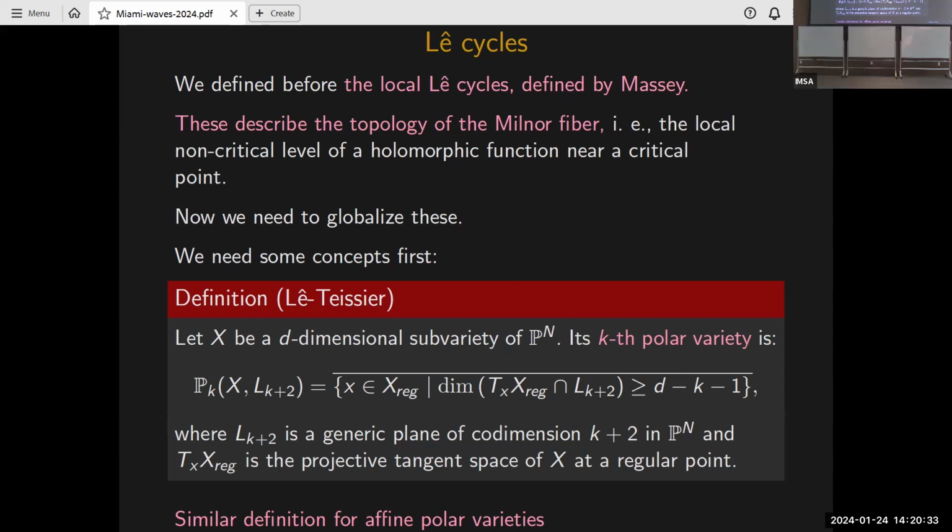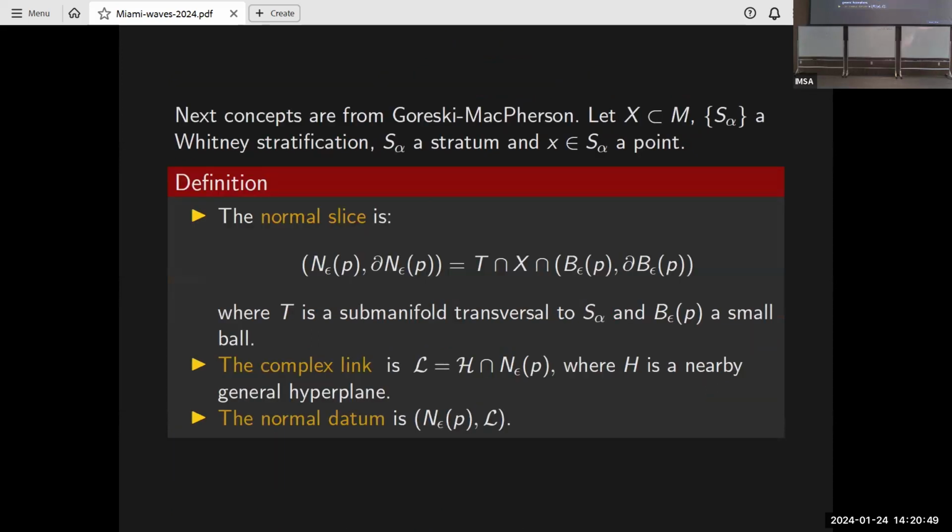And we can define the global polar cycles in exactly the same way. We look at the local polar cycles in a hypersurface. We could look at the closure, and you can define some concepts that you need.